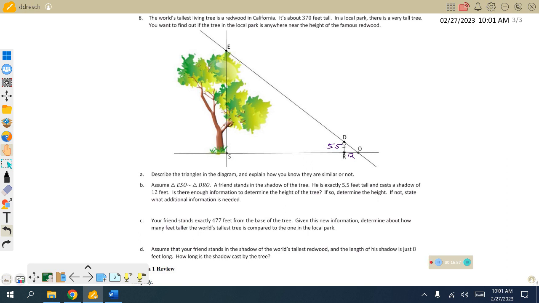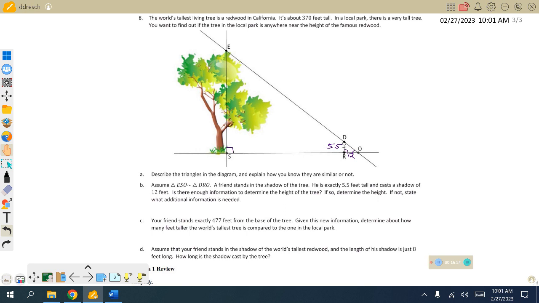But we do have enough info to start saying we have some similar triangles going. We're going to, again, assume that this tree is at a right angle. You're standing at a right angle. And this angle O down here at the ground is that congruent angle to create those similar triangles.